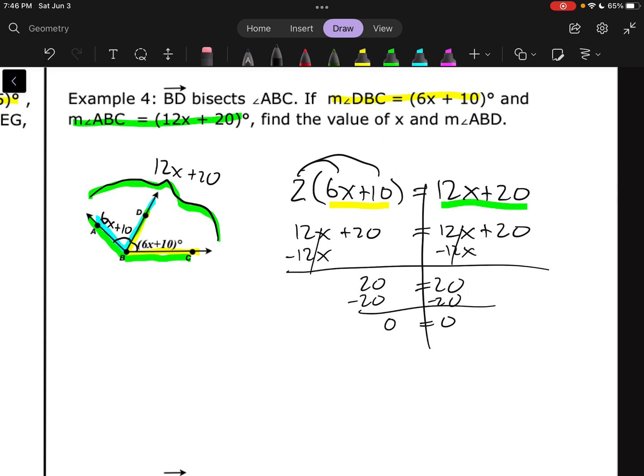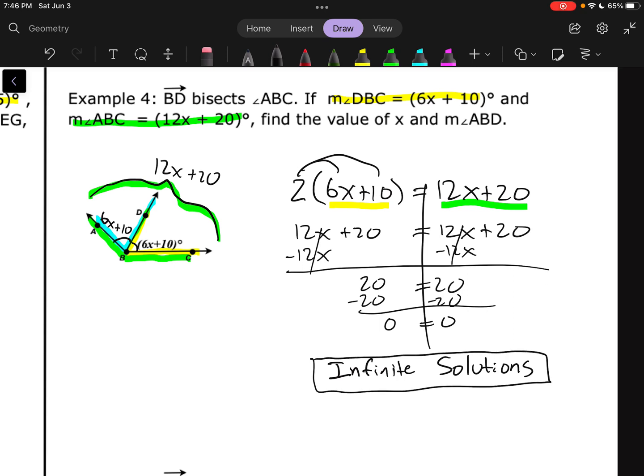So what does that mean? If all the x's cancel out and I'm just left with 0 equals 0, you might remember this from algebra. This means that there's actually infinite solutions. Kind of tricky, but that means that x could literally be anything. Now, it can't be something too big, like it can't be like a million.